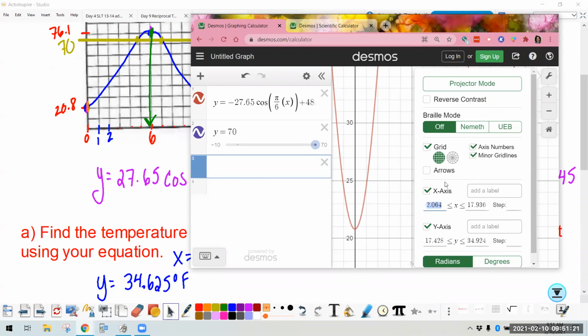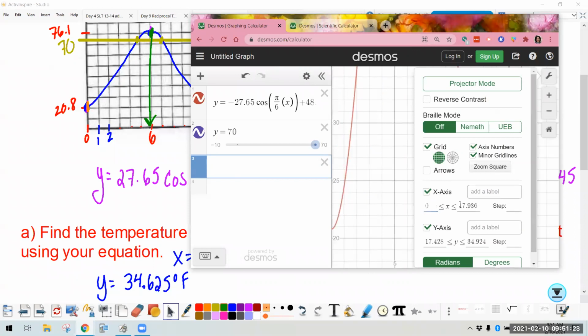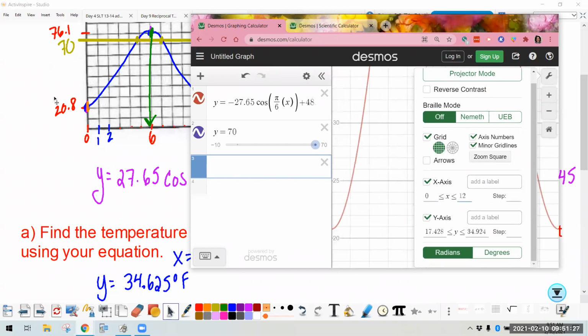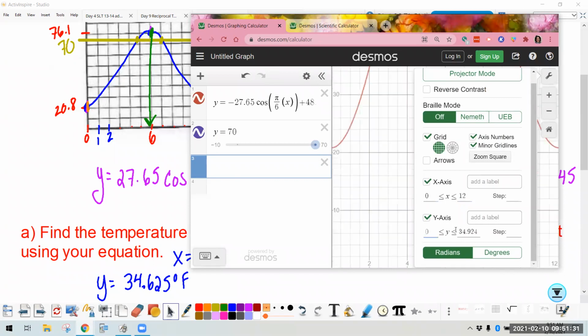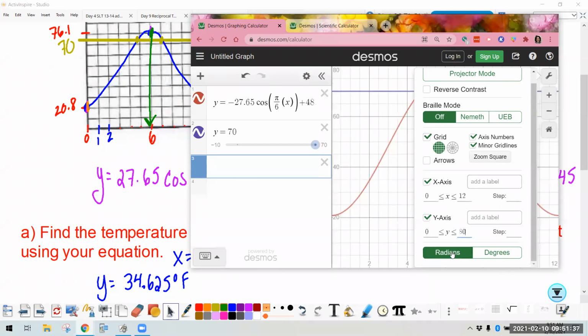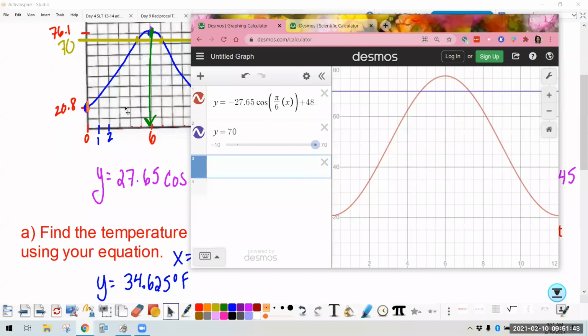I know my months go from 0 to 12. And I'm going to use this y-axis to help me. I'm going to have my y-axis go from 0, and I'm going to round up to 80. It's radians because of that pi over 6, so that's good. Click the wrench, and there is a picture that matches what I have drawn here.